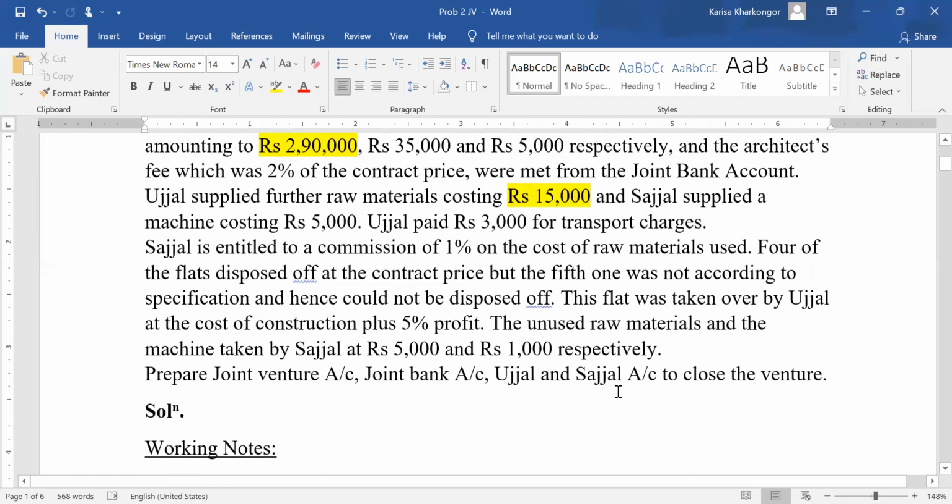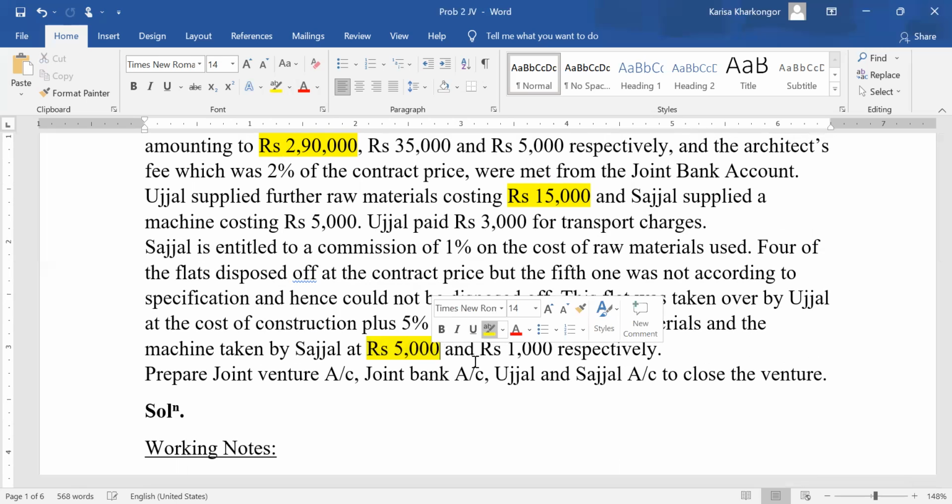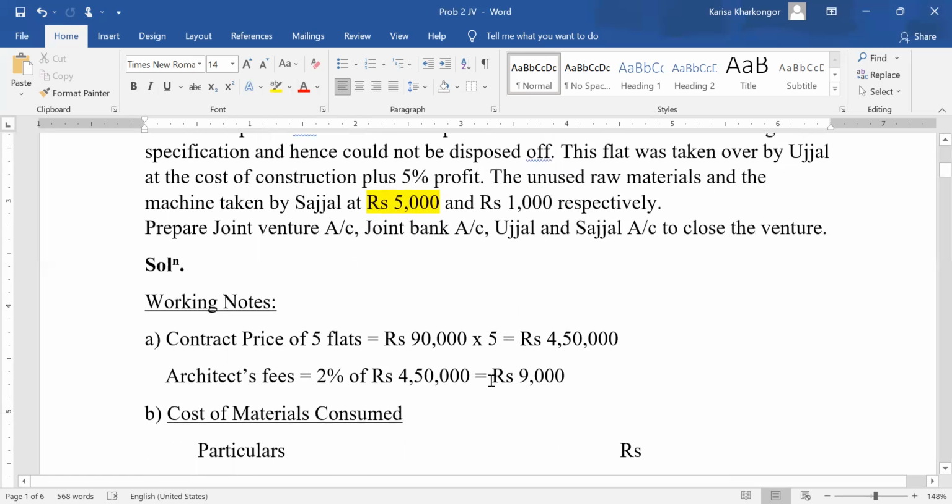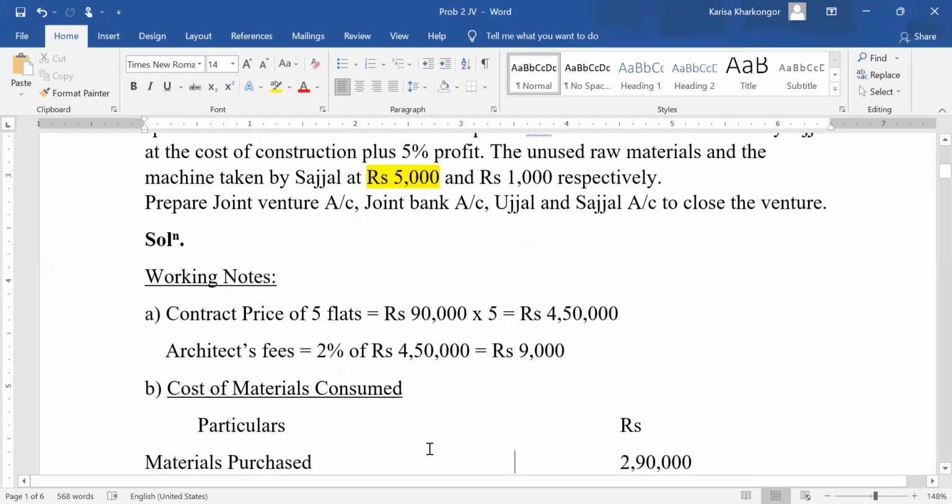However, there were some unused materials taken over by Sajal. So these materials were not used for constructing the flat. We only want to know the cost of materials that have been consumed for constructing.